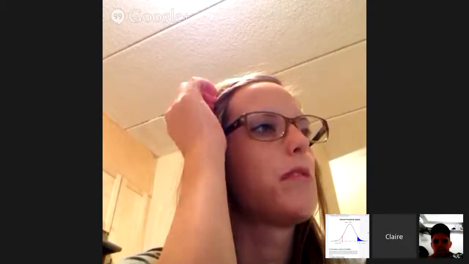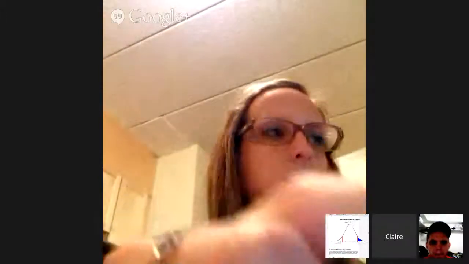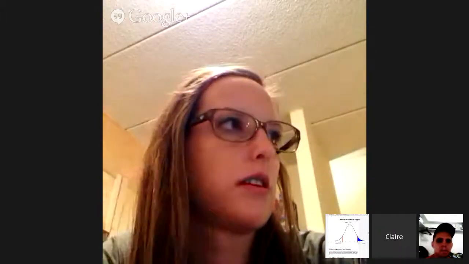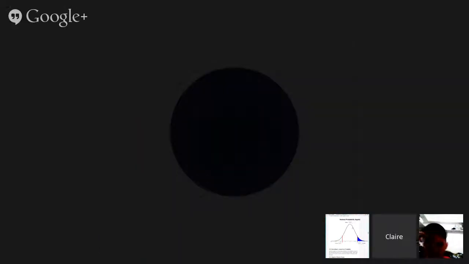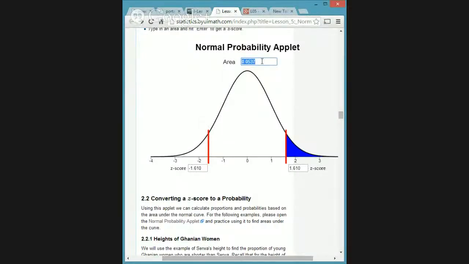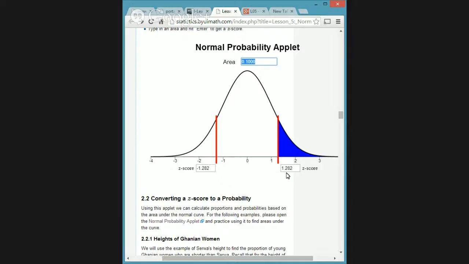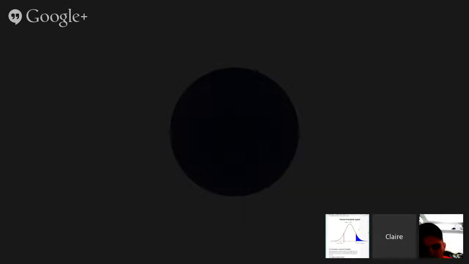Okay. So part C, if a student scores in the 10th percentile, what would be their corresponding Z-score? Okay, so now we just have to go to that graph. So is that the answer then? The Z-score right there? Yeah, I think I got 1.282. Hold on, I'm doing it real quick.